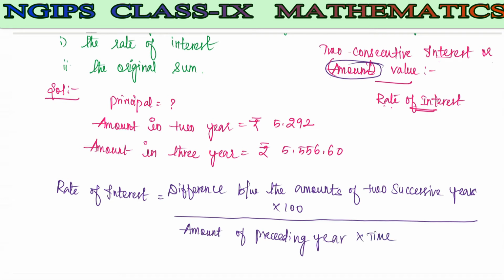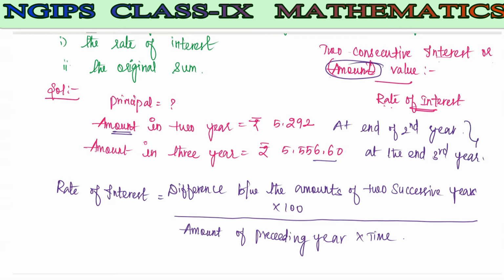Here this is the amount at the end of the second year, and this is the amount at the end of the third year. The time duration between the second year and the third year is 12 months, which is 1 year.